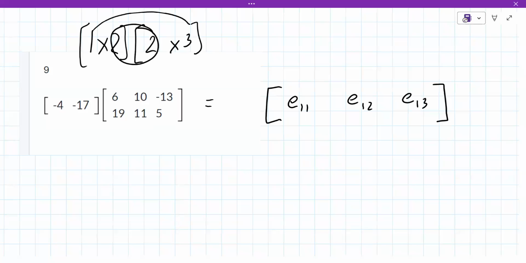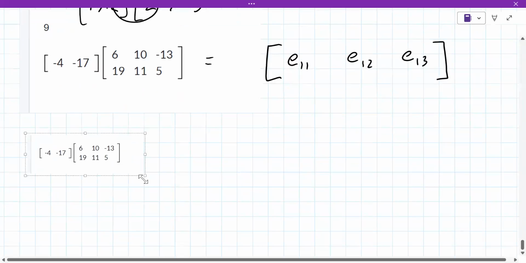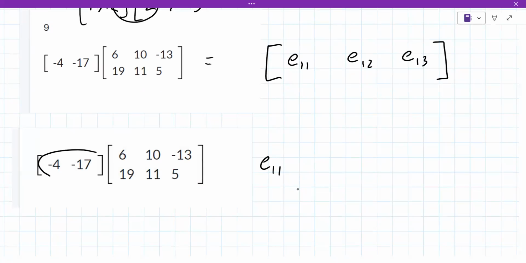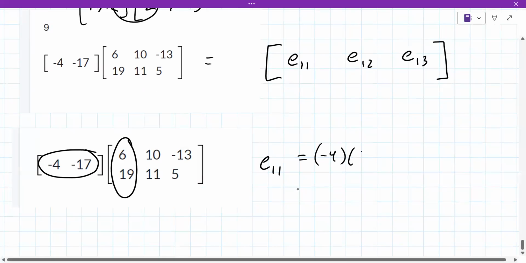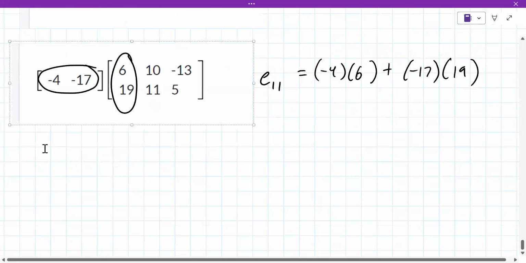So we'll space this one out a little bit just to make it a little bit more clear. So to find E11, you have to take the first row times the first column. Okay. -4, -17. I'm sorry, that's not right. -4 times 6 plus -17 times 19. Okay.